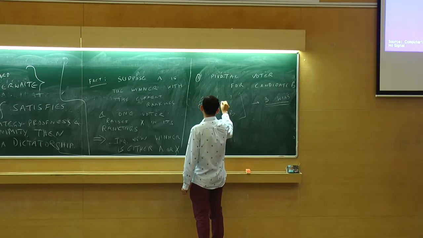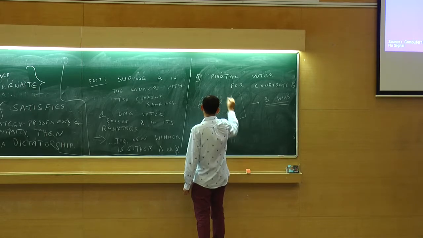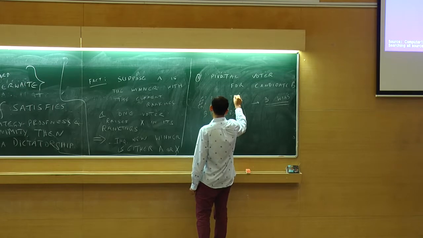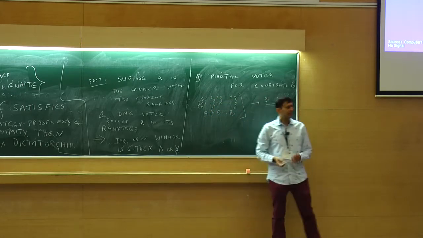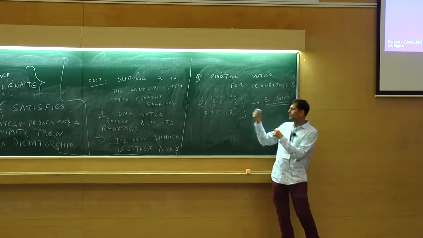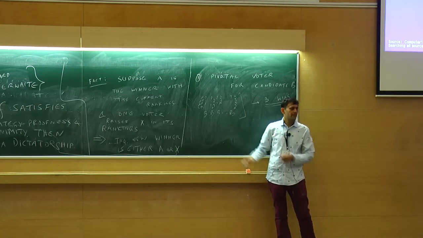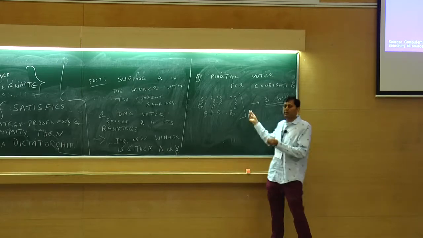Doesn't matter by what sequence of steps they do it. At every step you pick an arbitrary voter, and you may ask that voter to raise A in his rankings if it's not already at the top. You keep doing it. At some point A will get to the top.